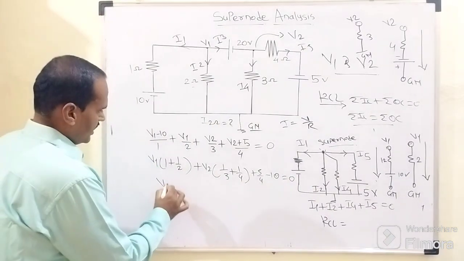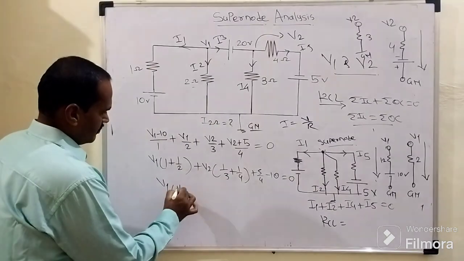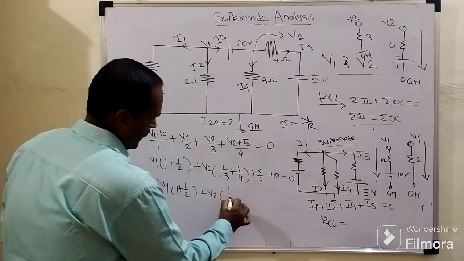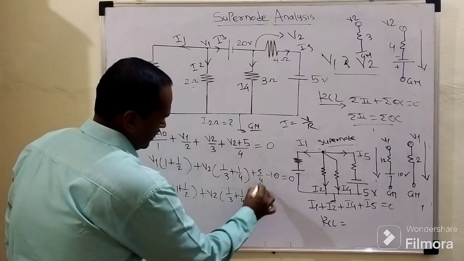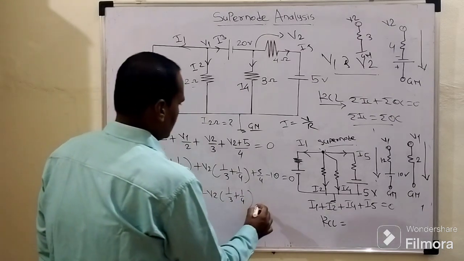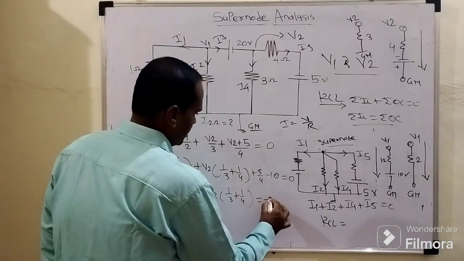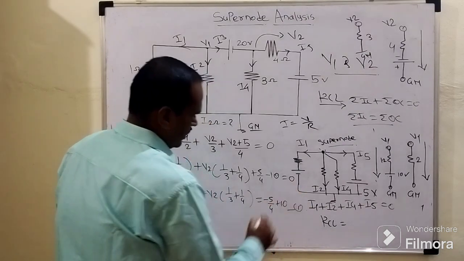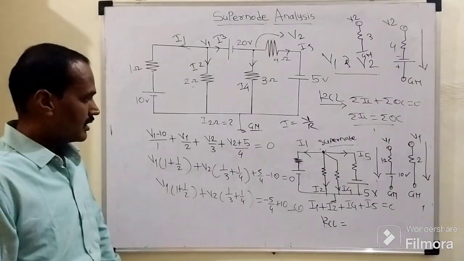So this equation becomes V1 times (1 plus 1 half) plus V2 times (1 by 3 plus 1 by 4), and the remaining terms are shifted to the right hand side. As a result of shifting it becomes minus 5 by 4 plus 10, right. Now this is equation number 1.